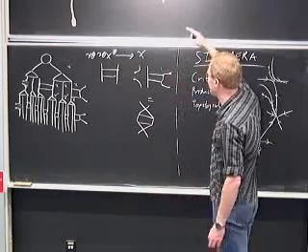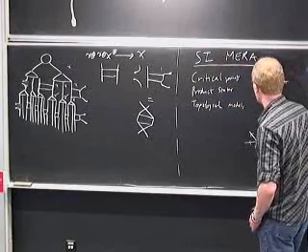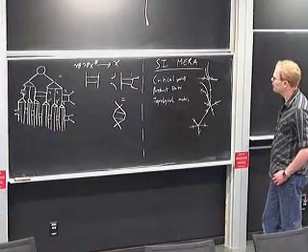So you've got this scale invariance as you work your way up the MERA. So how do we actually optimize this?